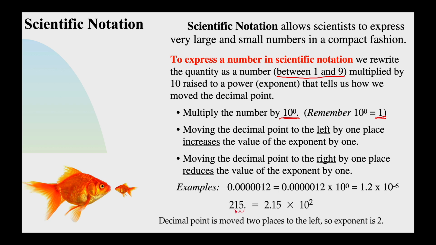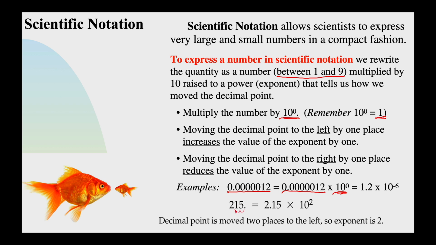Here are two examples. Here's a big number, all right, and this one is 0.000012. And that would be a number that would be pretty annoying. We can write that, though, as 0.000012 times 10 to the 0, which is 1. But notice that if you want to have a number between 1 and 9, we have to move that decimal point over.